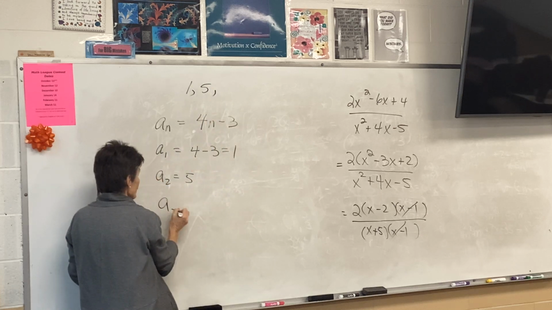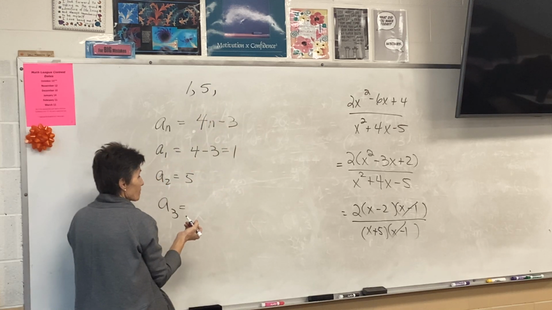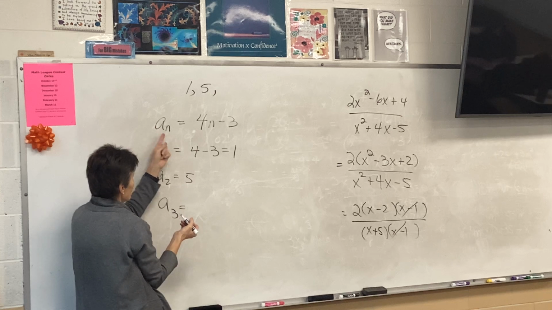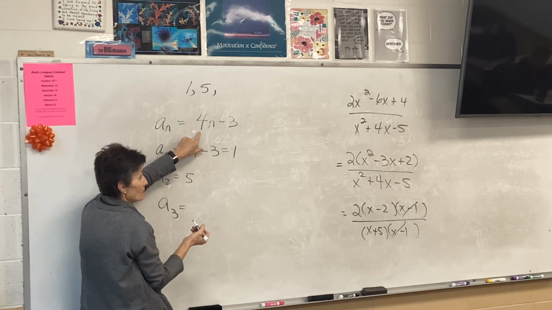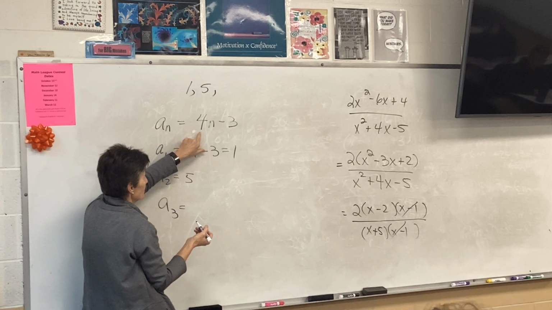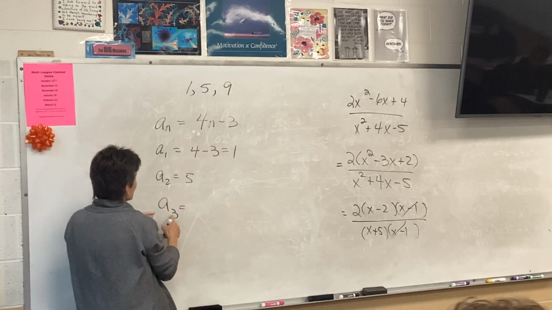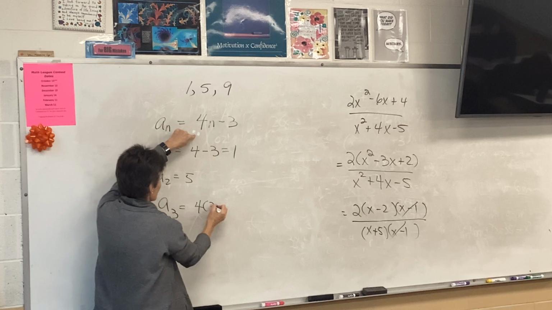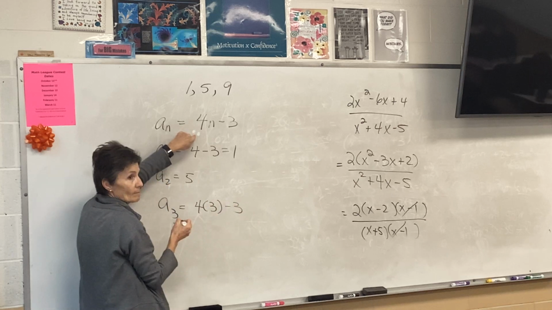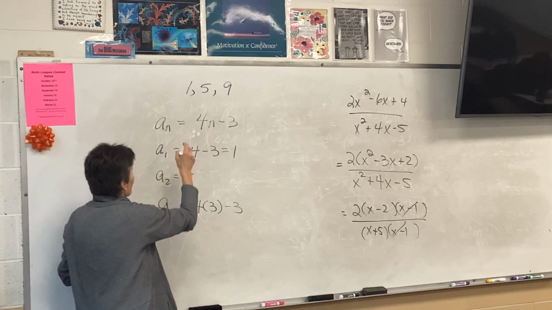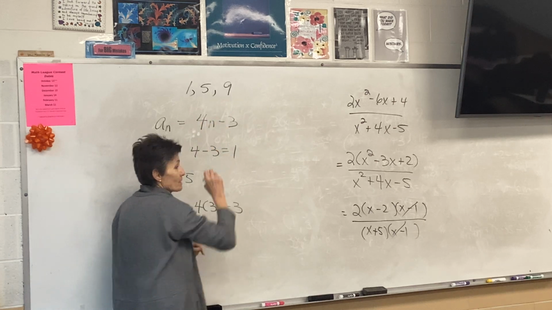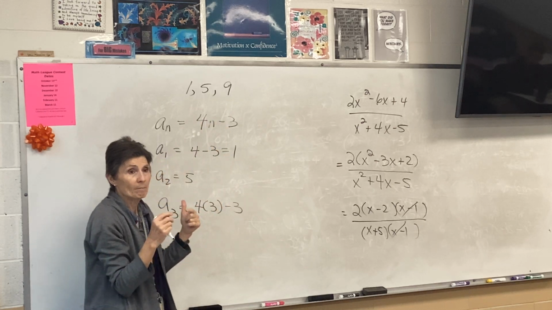What is your third term? A sub 3 will be what? 9. Kids, if I'm finding a sub 3, it's 4 times 3 minus 3. Plug it in. Now, what do you notice about these terms? I know I've only done 3 of them, but what do you notice?